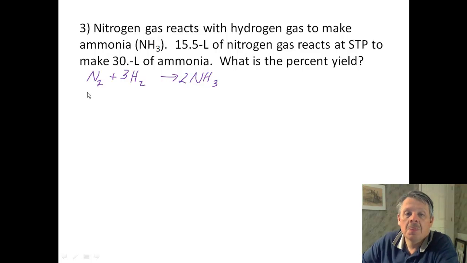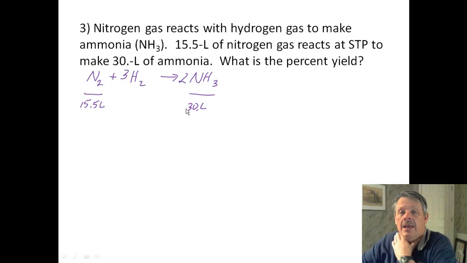All right. We have 15.5 liters of nitrogen gas, and it's making 30 liters of ammonia. And what we have to figure out is how close we are to what we expect to get. So, we don't have to do any math to figure out the masses because everything is in liters.